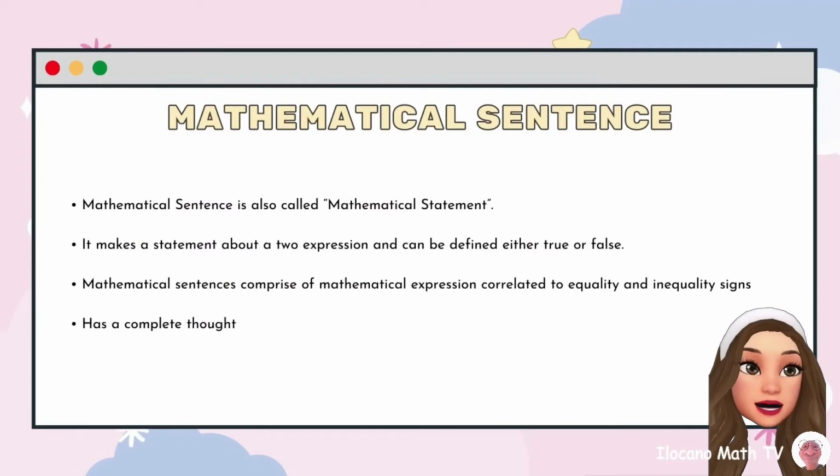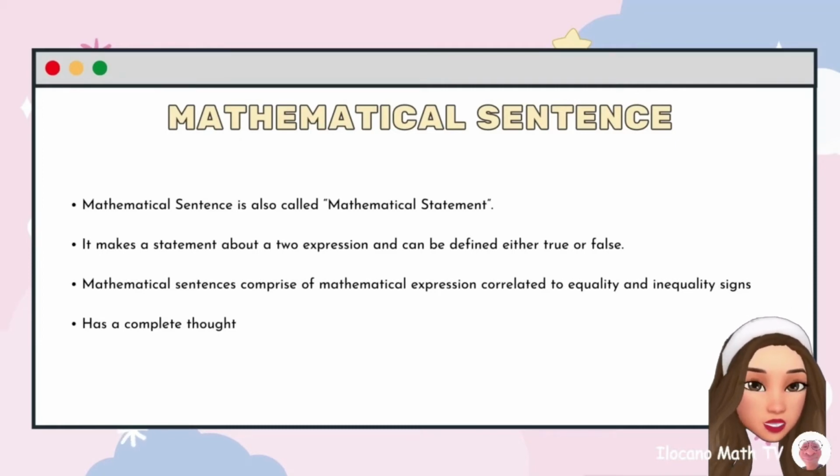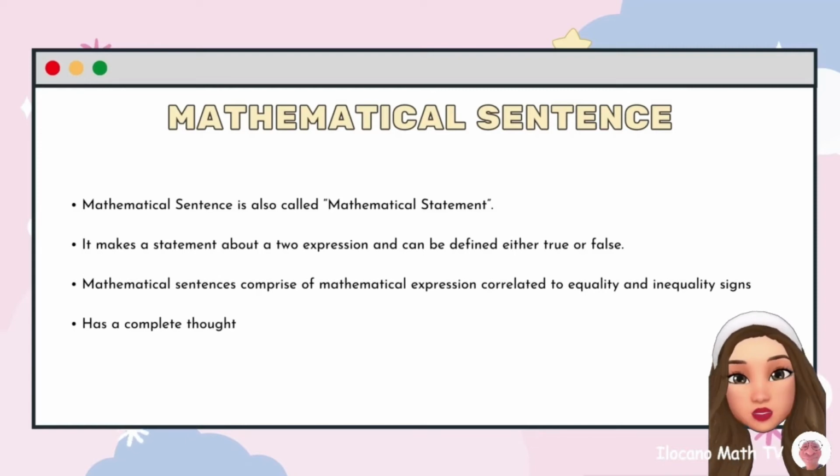Since we're done discussing the mathematical expression, let's proceed to mathematical sentence. A mathematical sentence is also called a mathematical statement. It makes a statement about two expressions, using either numbers, variables, or a combination of both.